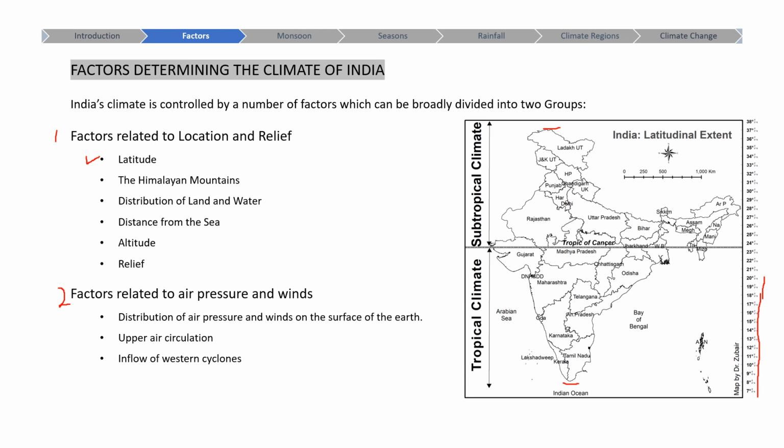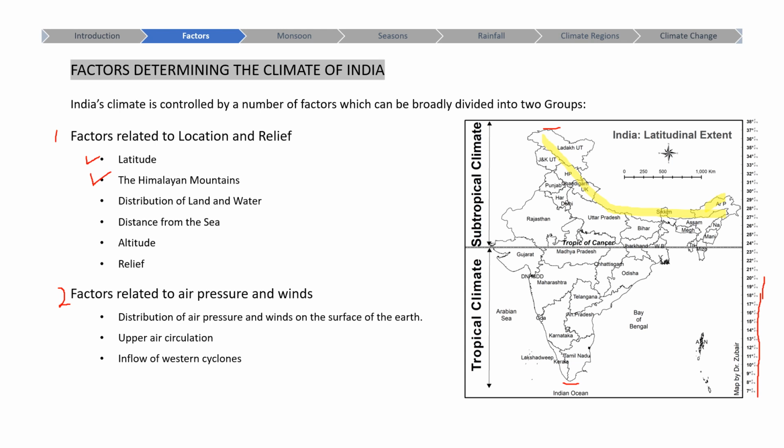So as you move from south to north, in general, the latitude increases. So there is an impact of latitude here, and the impact of Himalayan mountains. These are the Himalayan mountains, and these mountains have impact on the climate.